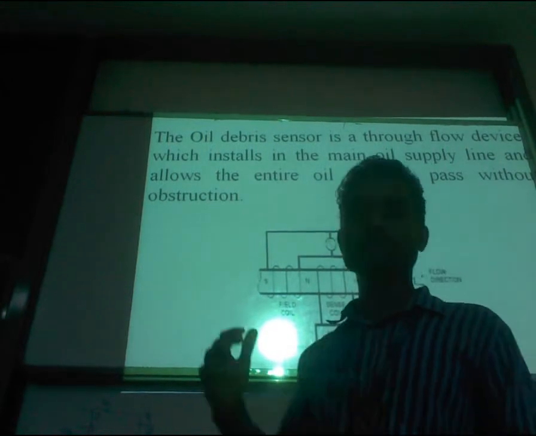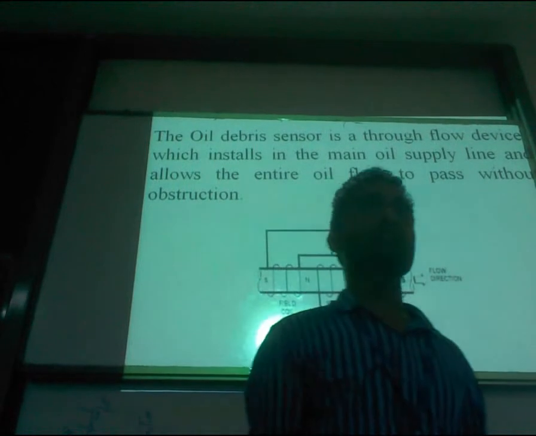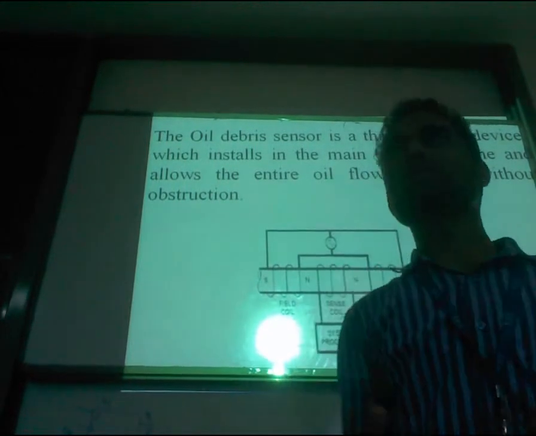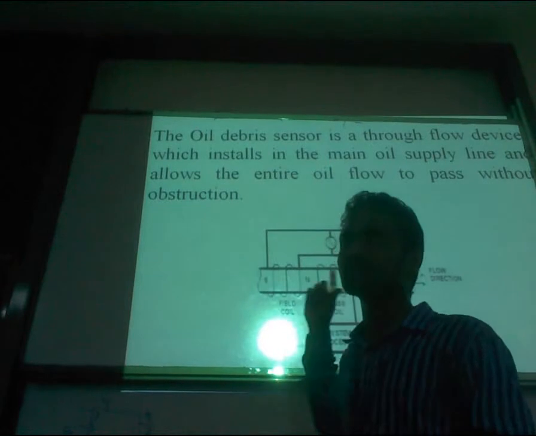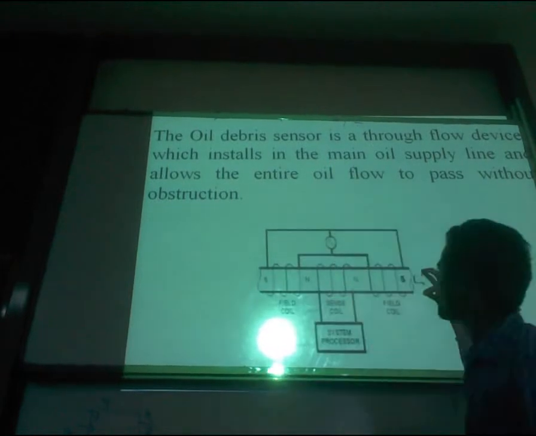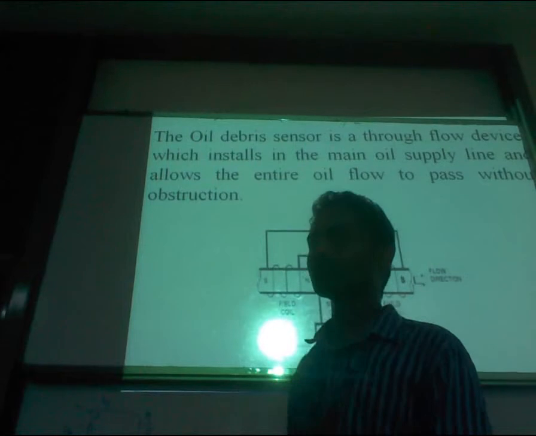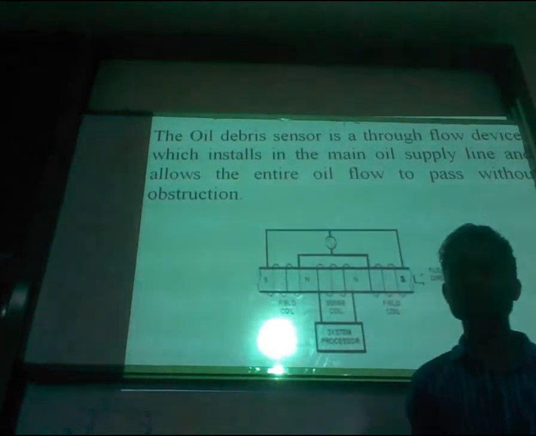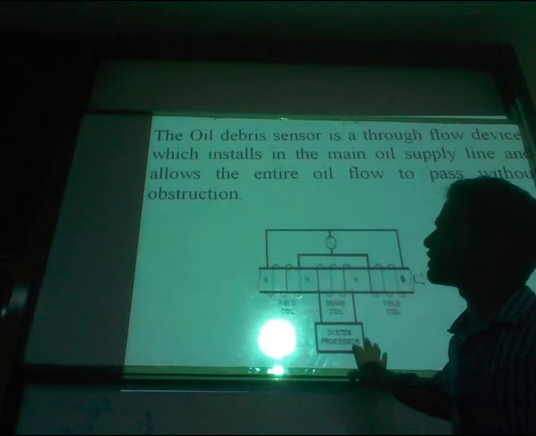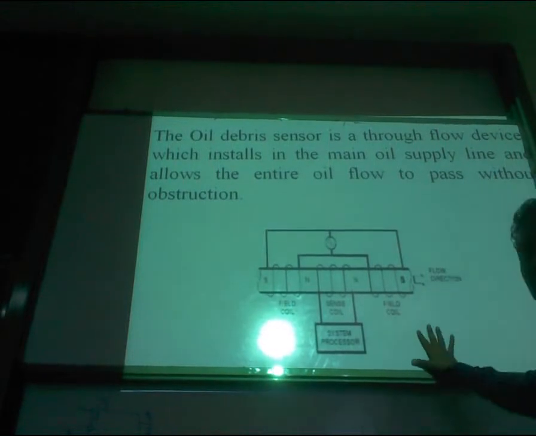It is also called a flow-through device, because whatever amount of oil you take for inspection, all that oil is passed through this tube. This entire quantity of oil is inspected in this device, and it is mounted on the main supply line of the oil pump.